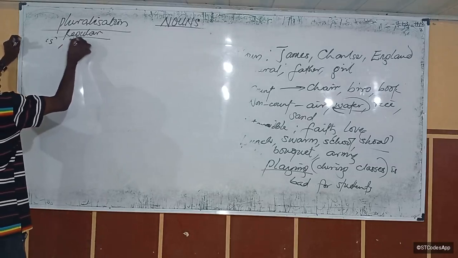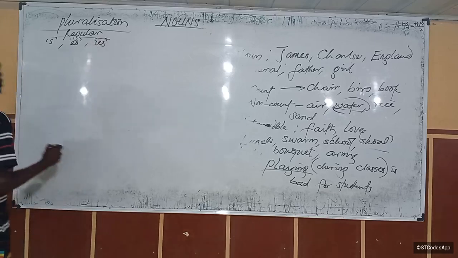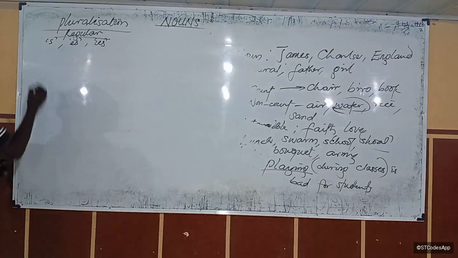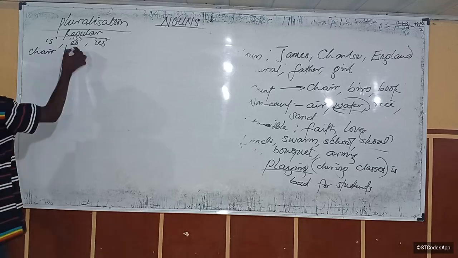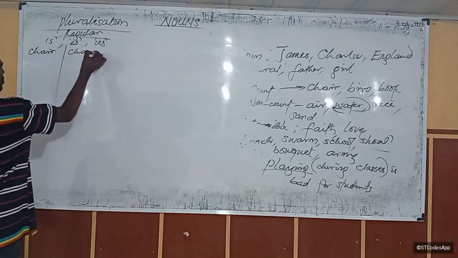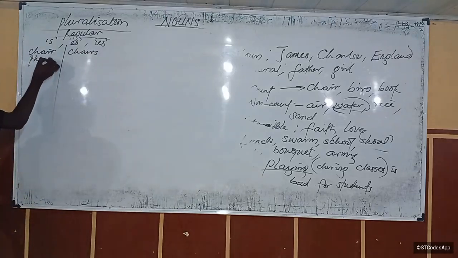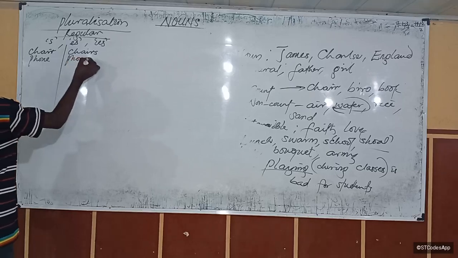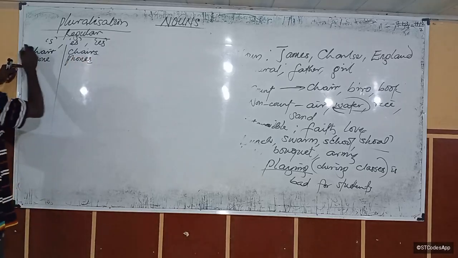Is that okay? For example, chair, the plural of which will be chairs. Phone, the plural will be phones. We simply add s to the root word. Does that make sense?